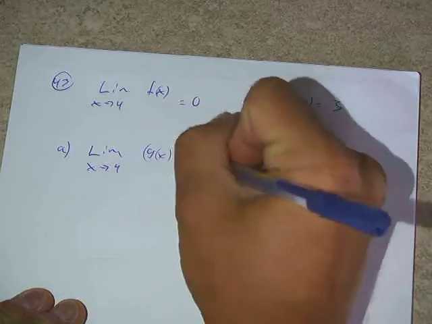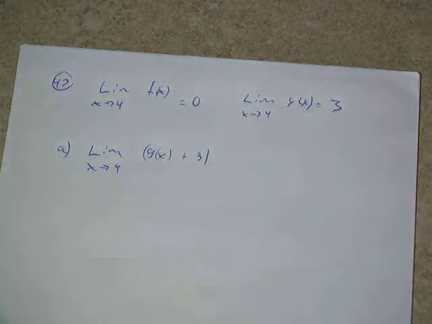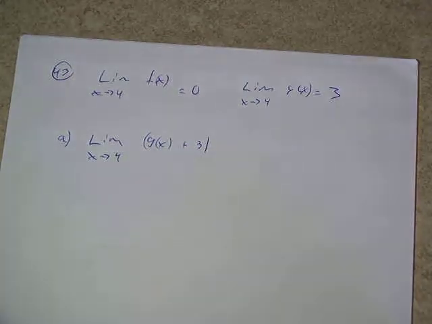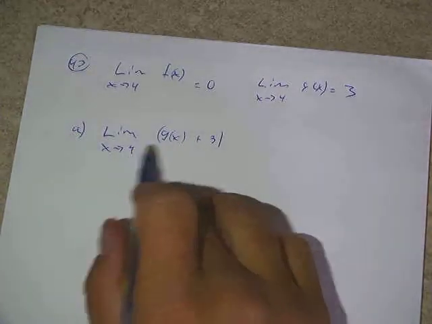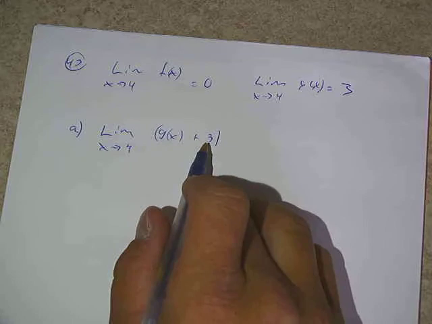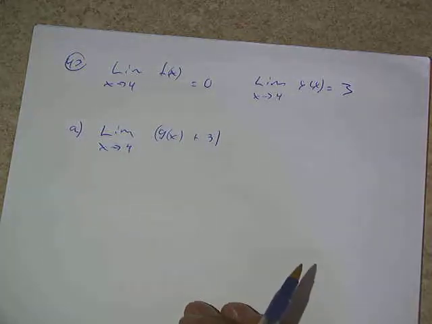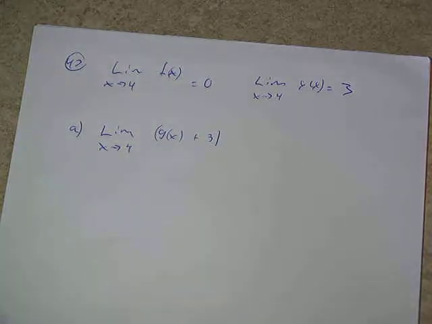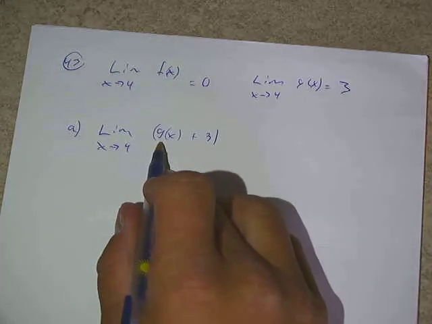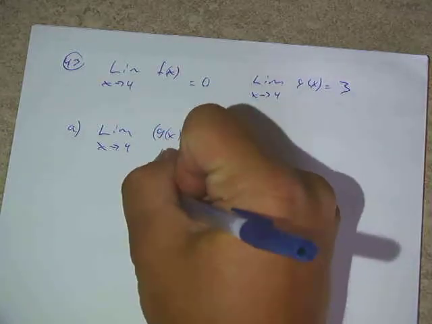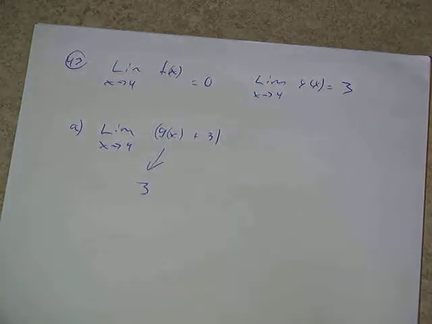Those two pieces of information are given, and in part A, we need the limit as x approaches 4 of g of x plus 3. This one is very similar to the previous problem, because our properties allow us to do these two limits separately. Once again, you could write the limit of g of x plus the limit of 3, or you can just handle the two limits separately.